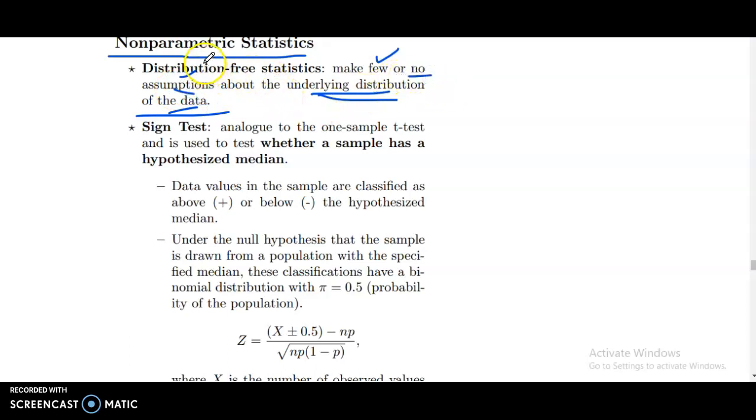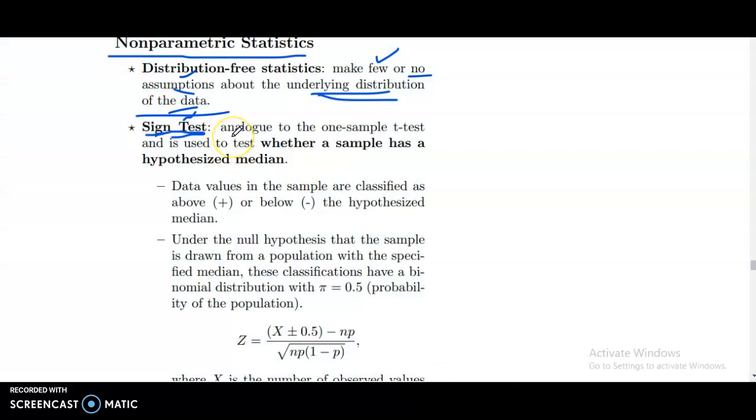Let's look at distribution-free statistics. The sign test. Here, sign test means plus or minus testing. That's all.